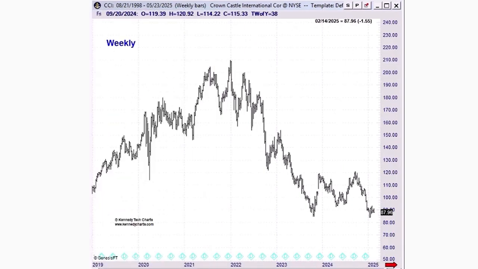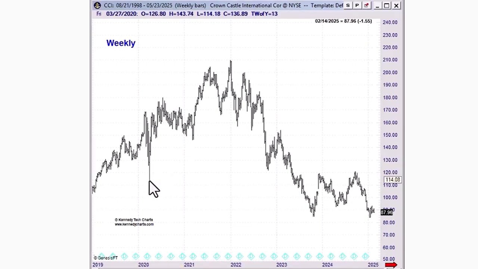I'm looking at this formation here in Crown Castle, ticker symbol CCI, and notice we have the move to the upside, then the move to the downside, then another move to the upside. Again, notice the overlap. That is a key characteristic of the ending diagonal, and you definitely want to see that.